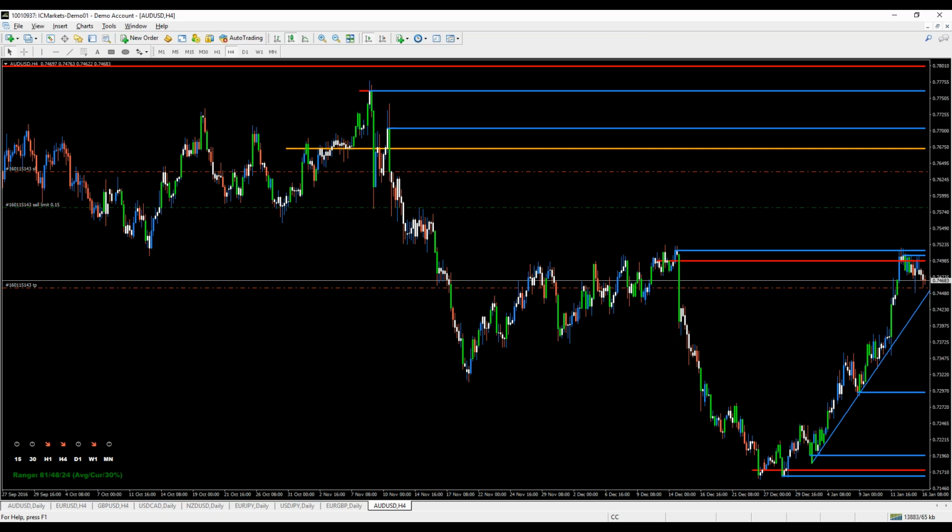I need to disable this like that. Good. And then we have to draw in these swing points. So we have a high, we have a low, we have a high, low, high, low. I'm just going to draw these in just so they're clear. I'm not going to take all the little ones, but just the major ones.